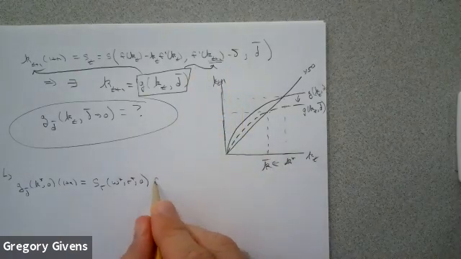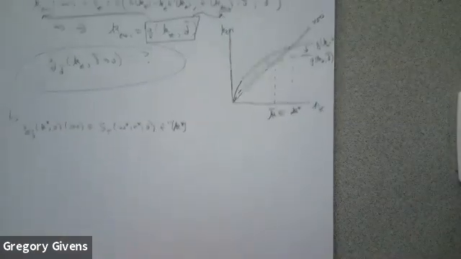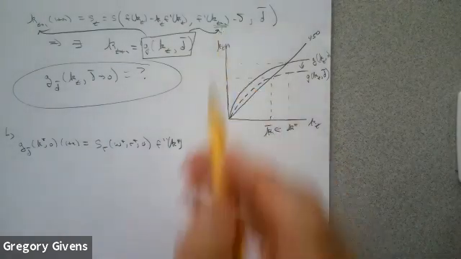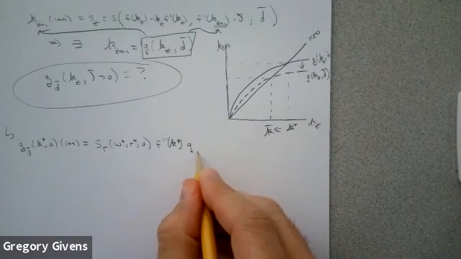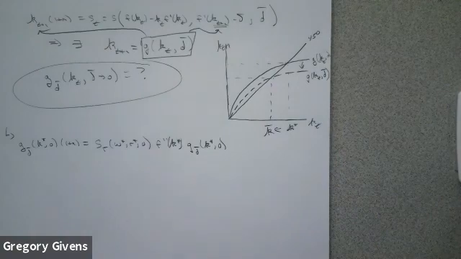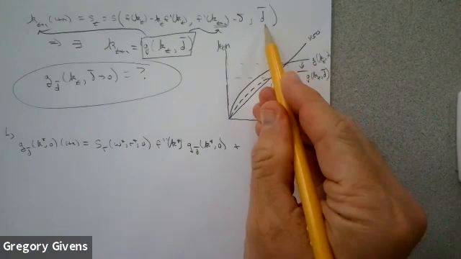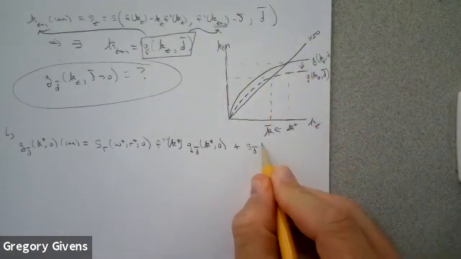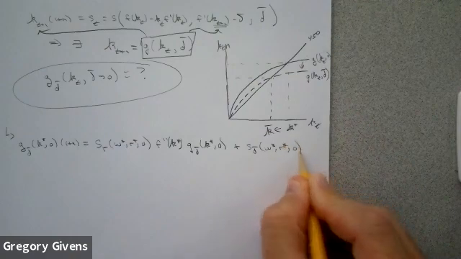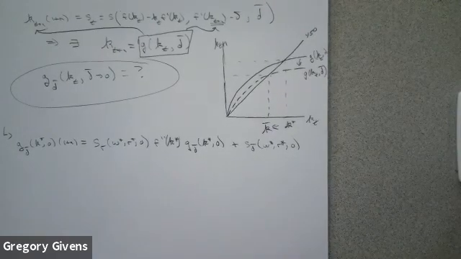That would be f double prime of K star times, let's see, this is a K_{t+1}, right? So it's times G sub d evaluated at K star and 0. Got to use the chain rule right. Plus, don't forget this last d argument, S sub d bar evaluated at w star, r star, and 0. That's why we did this derivative on the previous page. That's where we're going to need it again.